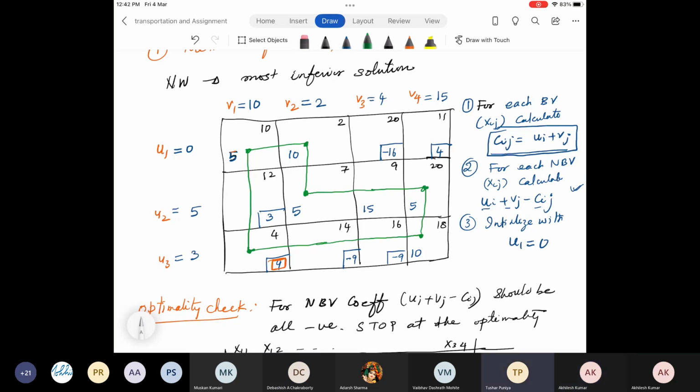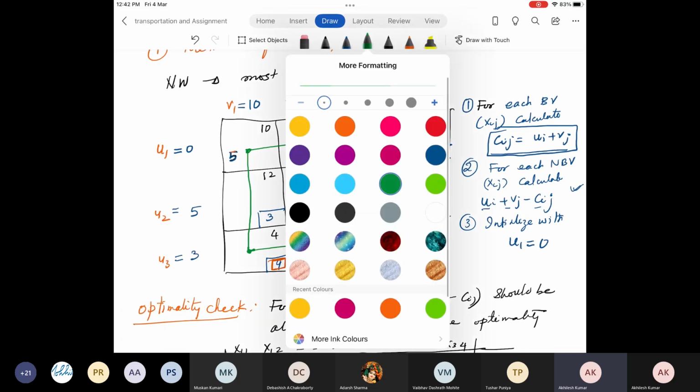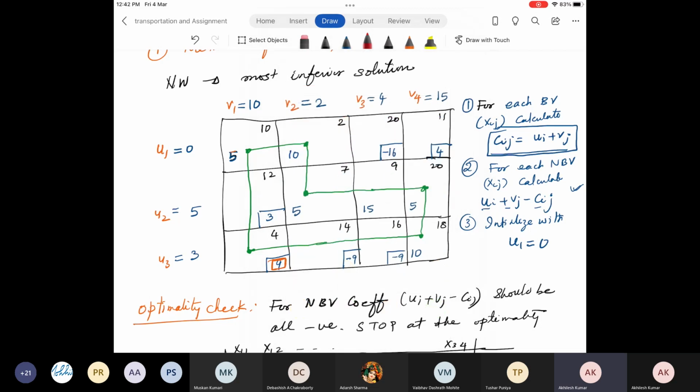It is 0. So let's say its value increases from 0 to theta when it enters. If I'm increasing its value from 0 to theta and supply is limited, from where do I have to get that theta?